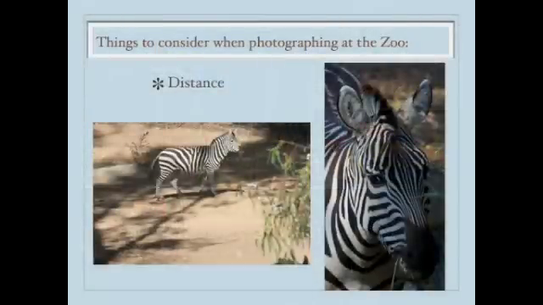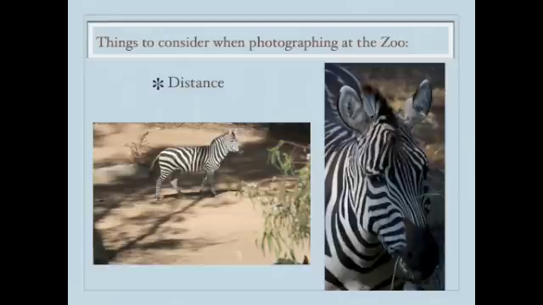The first one is distance, and that's the distance between you and the animal. Now, these are two shots that I took of a zebra, and the shot on the left was kind of your typical, oh yes, that's a zebra walking across its little habitat, which is fine, but I used my telephoto lens then to zoom in on that second shot and look at how I get such a much more close and intimate photograph of that zebra.